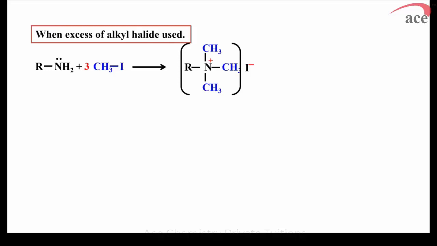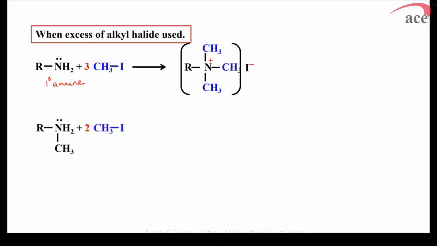The shortcut is that primary amine has 2 hydrogen atoms. It results in the formation of first secondary, followed by tertiary and then quaternary ammonium salt. So with 2H, it will consume 3 moles of alkyl halide to give quaternary ammonium salt.